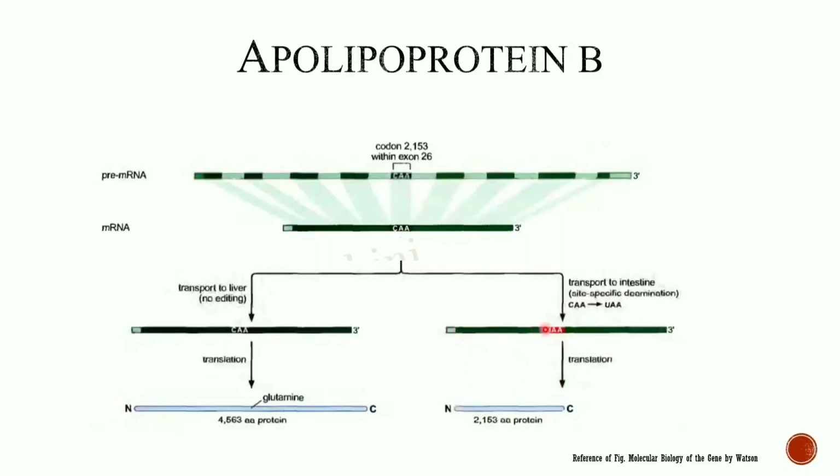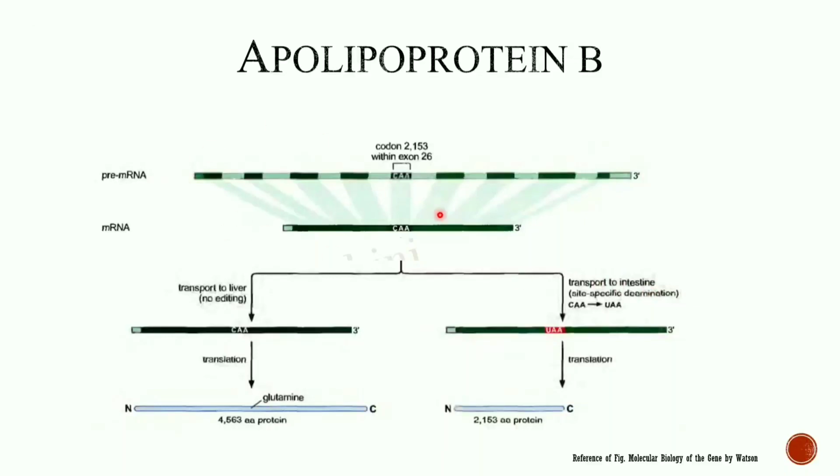it allows translation, but it stops at exon number 26. So the smaller protein, with 2153 amino acids, is synthesized. Looking at the functions of both: in the liver it allows the transportation of cholesterol and triglycerides from the liver, and in the intestine it allows the absorption of dietary lipids.